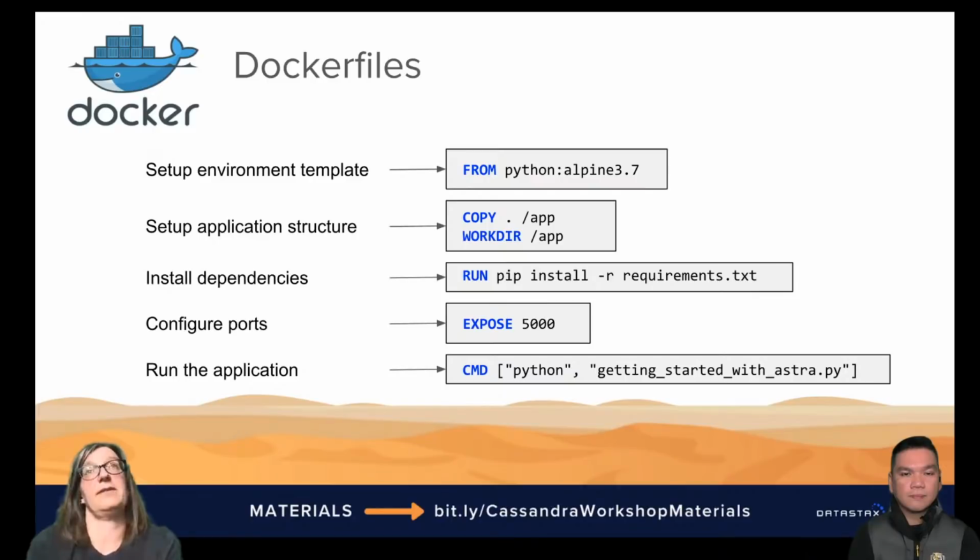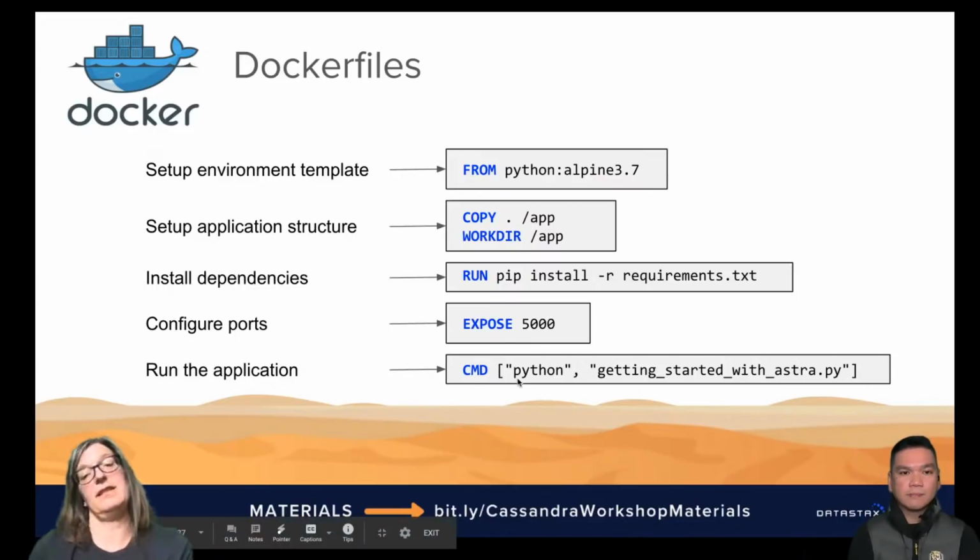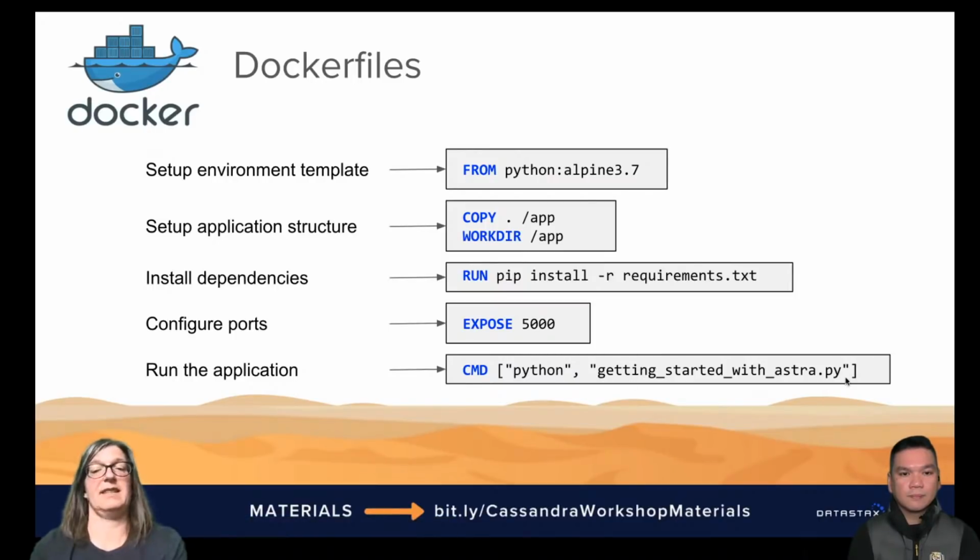And then we give our image the command, what we want to do. In this case, we're starting Python, which is the command to start running a Python application, and this is the application getting started with Astra PY.